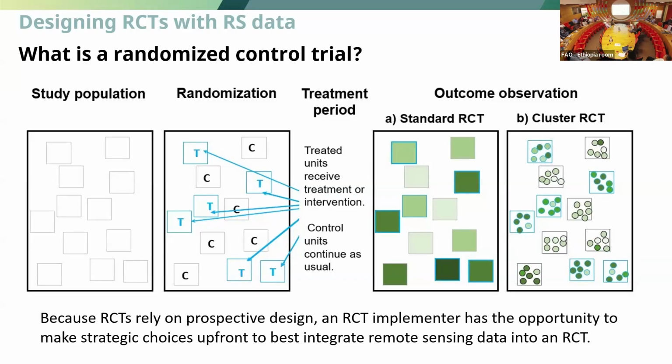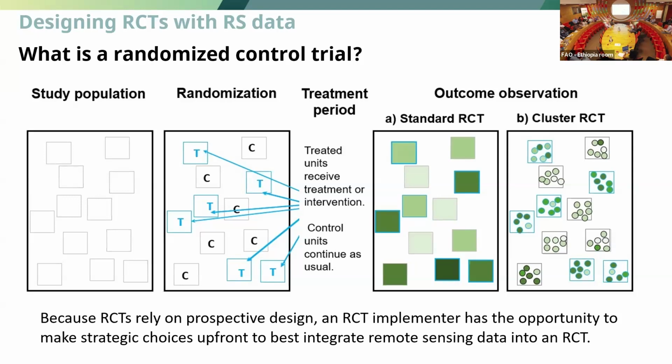But the key point of RCTs is that they rely on prospective design. You're planning in the randomization, unlike natural experiments. So you have this design phase regardless, and then you have an opportunity to design it thinking of the remote sensing data and to collect the data, because there's going to be somebody in the field during the implementation phase.